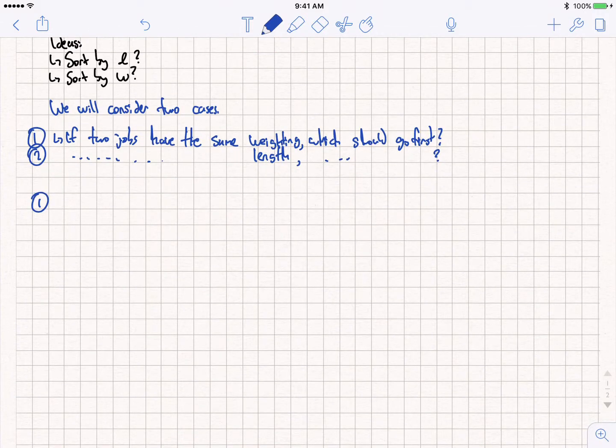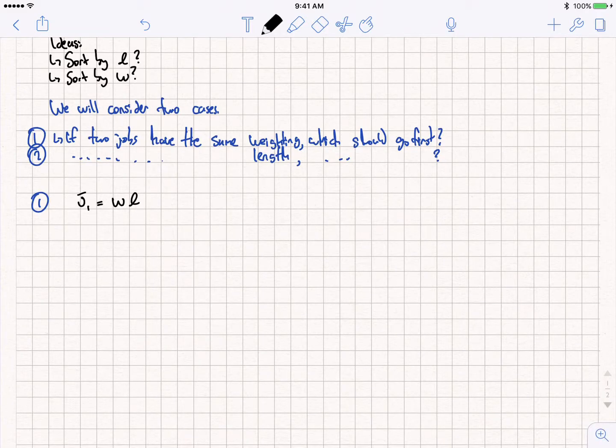For case 1, we have some job 1, which has weight W, and job 2 with the same weight but different length.